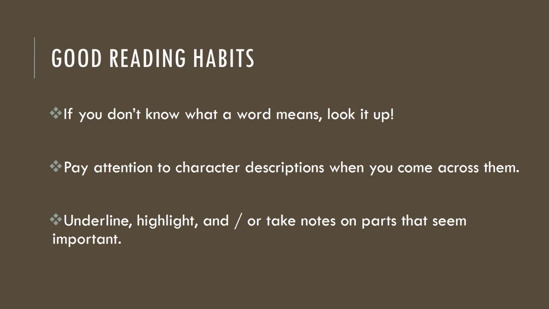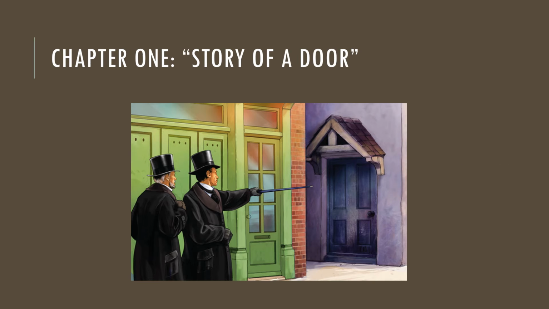For instance, if you completely don't know what a word means, looking it up is probably a good idea. I also hope this has set you up so that you'll pay attention to other character descriptions when they come up. And of course, as we've been doing throughout the semester, underline, highlight, and/or take notes on parts that seem important. So, here are some final thoughts as you head into reading the novella itself.